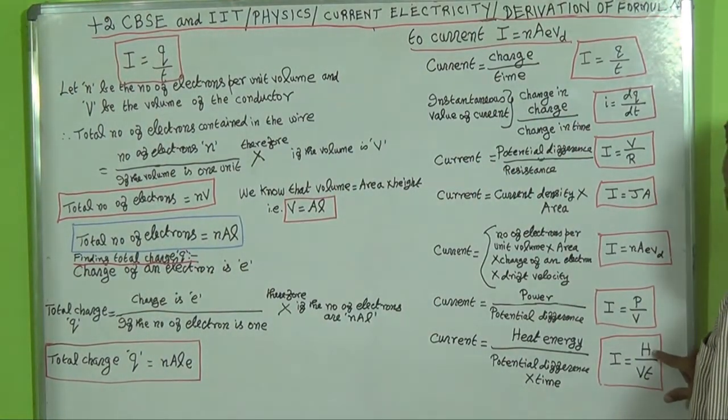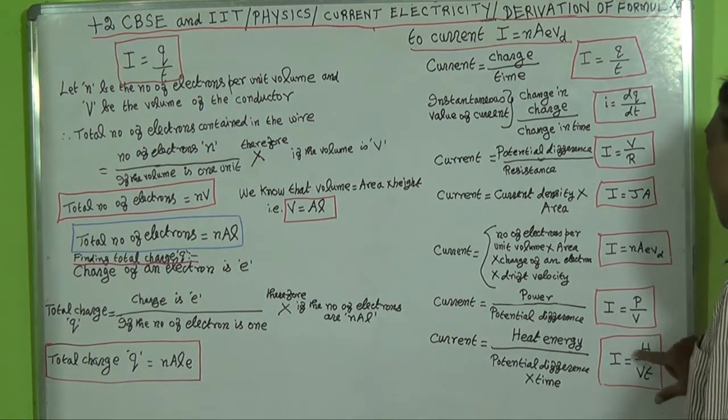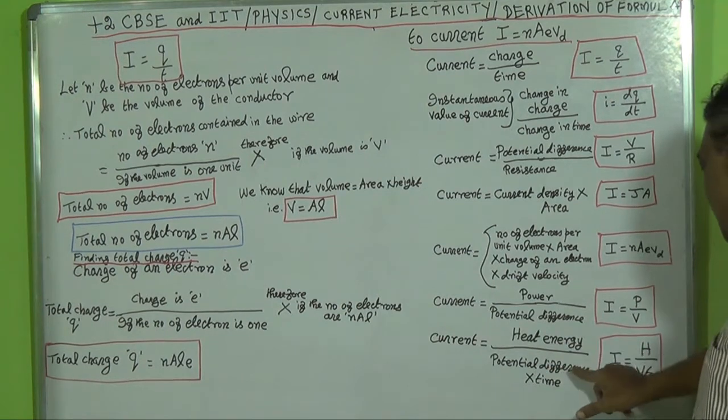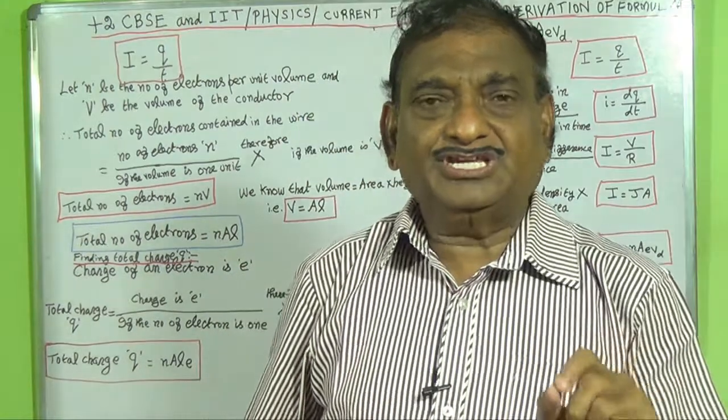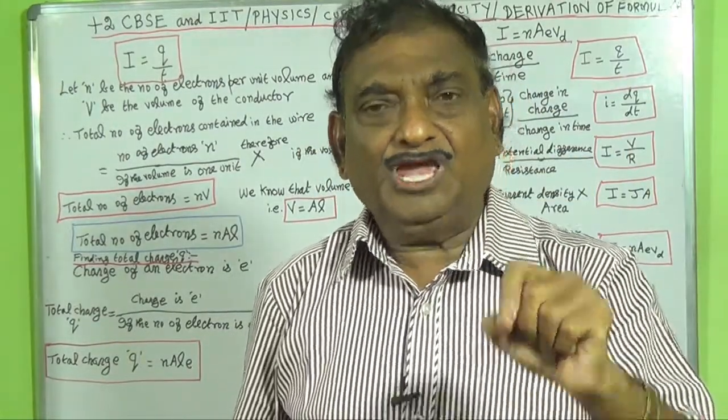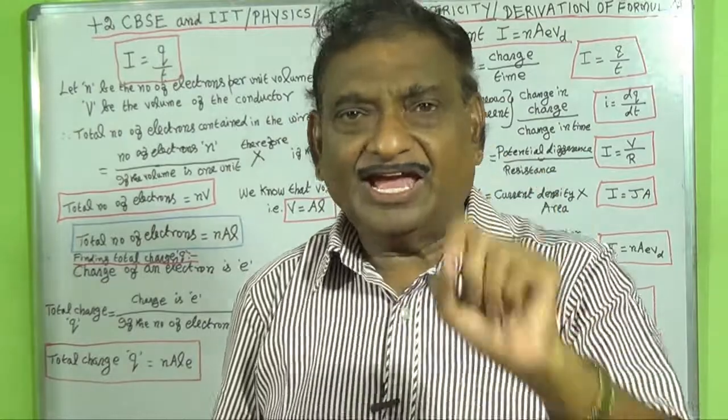This H is the heat energy, or we can say electric energy, by potential difference, that is capital V into time. Hence these are some formulae for the current we have seen in the chapter current electricity.